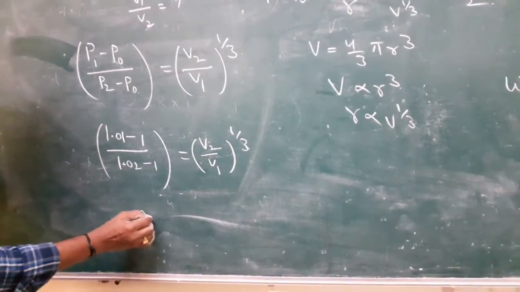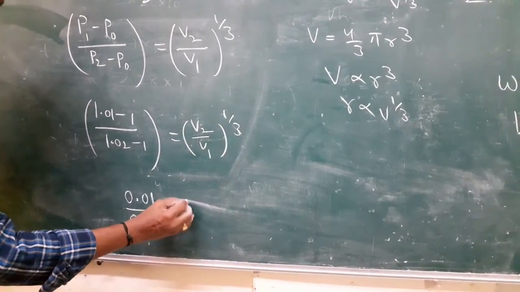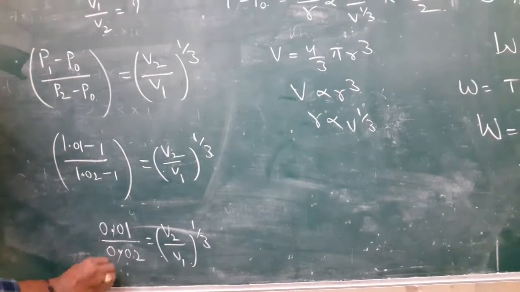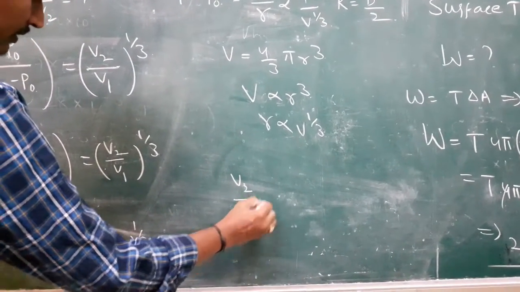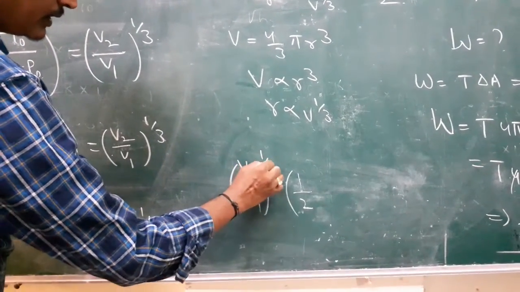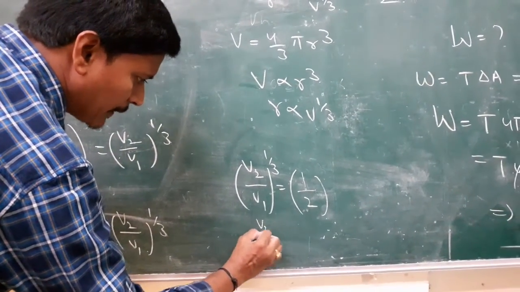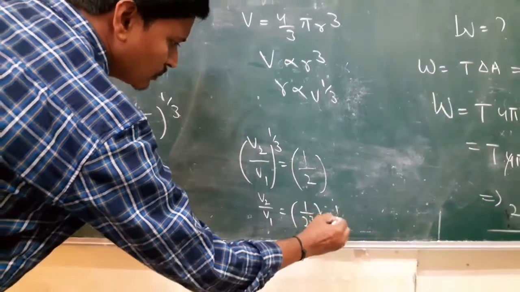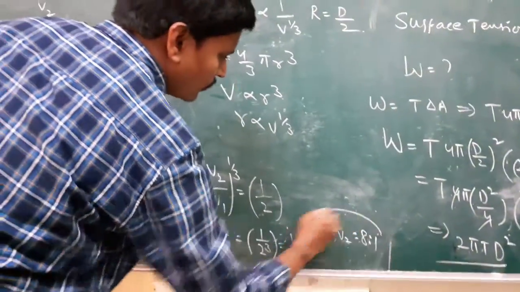That is 0.01 divided by 0.02, which is 1 by 2. So V2 by V1 is 1 by 2 to the power 3, that is 1 by 8. Therefore V1 to V2 is 8 is to 1.